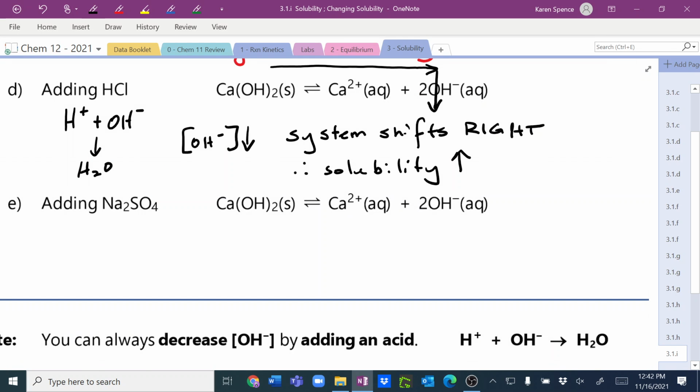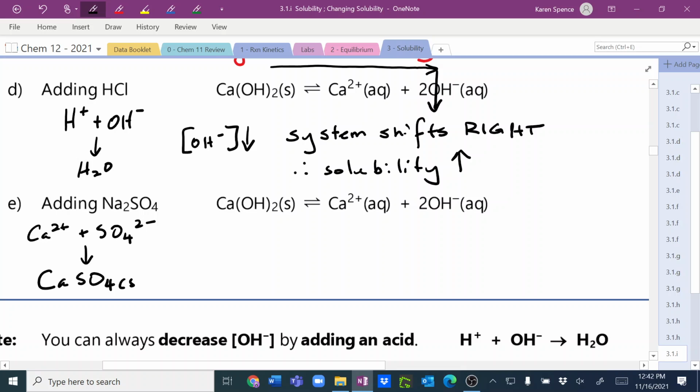So Ca2+ plus SO4 2- gives us CaSO4 solid. So that means that our stress then is that the concentration of calcium does what? Decreases. And if it decreases, we are shifting to the right and the solubility increases.